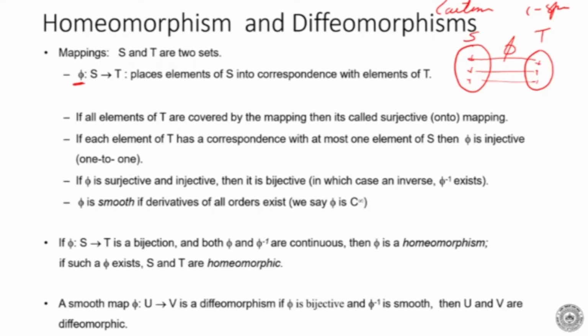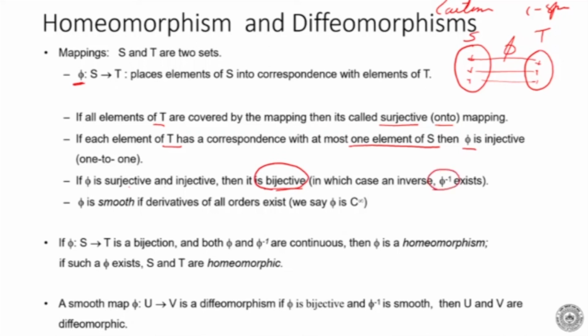Now if all elements of T are covered by the mapping, then it is called a surjective or onto mapping. If each element of T has correspondence with at most one element of S, then phi is injective, or a 1:1 mapping. If phi is surjective and injective, then it is bijective, in which case an inverse exists.